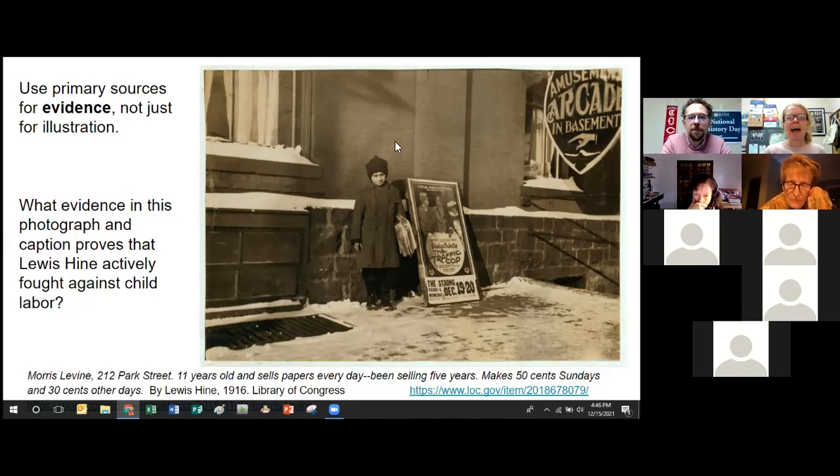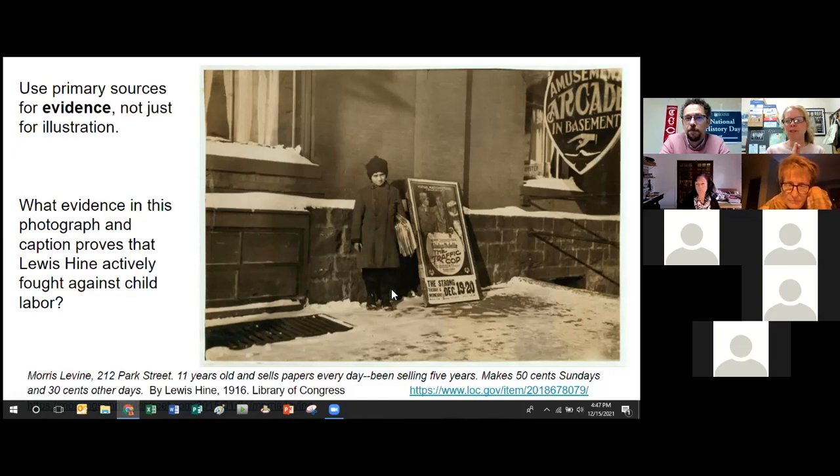And so, maybe Lewis Hine was choosing the smallest, shortest, youngest newsboy, which he often did, making choices about whose photographs he was taking. But the whole thing about the composition of this photograph provides evidence.